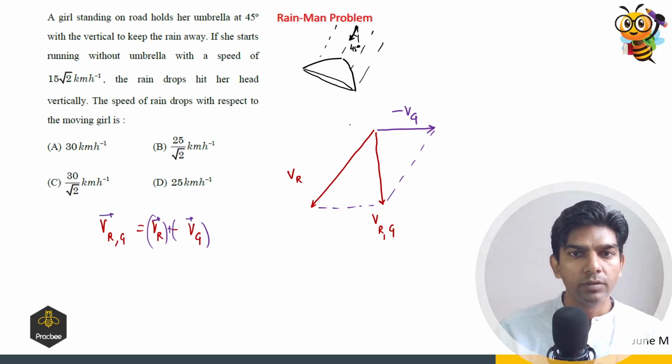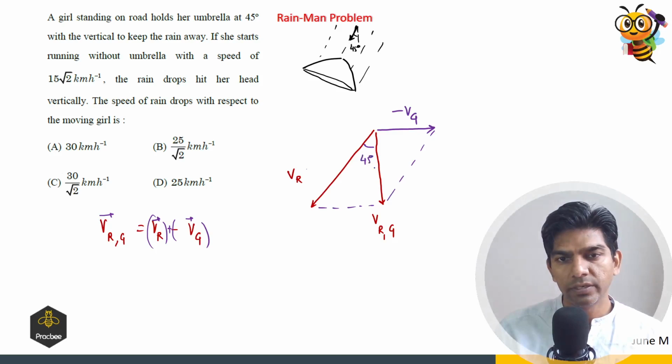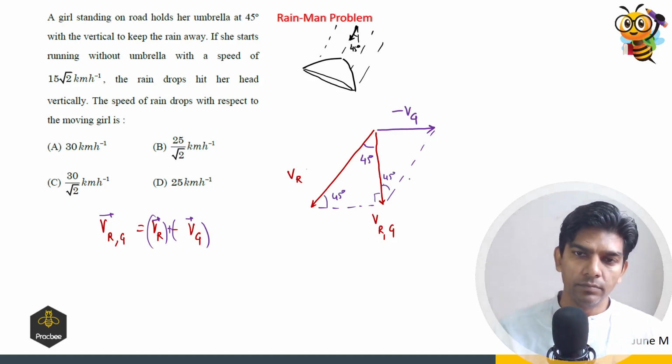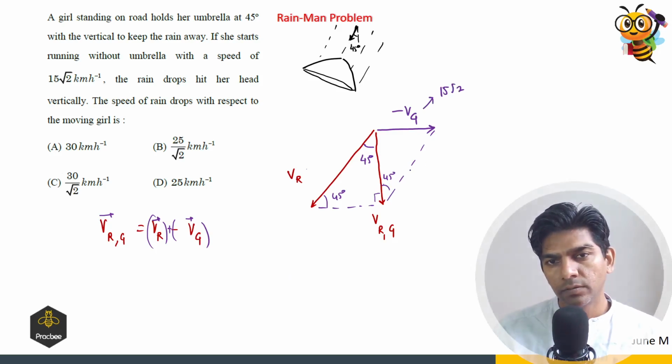So what we have given, velocity of rain is not given, but this angle is given 45 degree. So this is 45, this is 90, so this is also 45, right? So Vg is given, right? So Vg is 15 root 2 in magnitude, and we have to find the speed of the raindrop with respect to the moving girl.